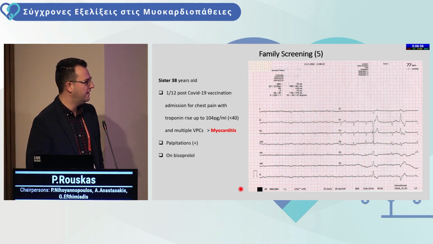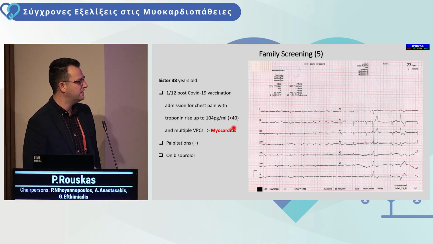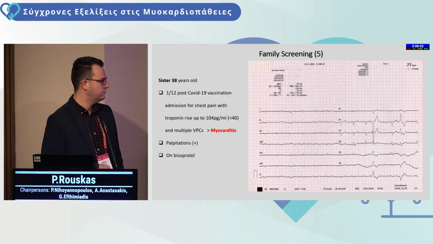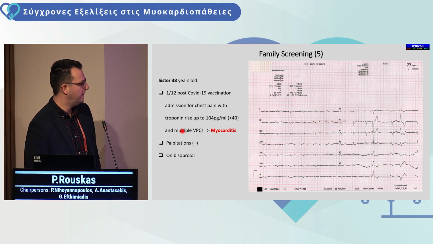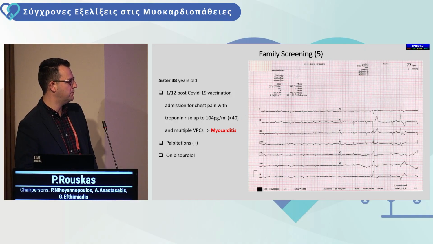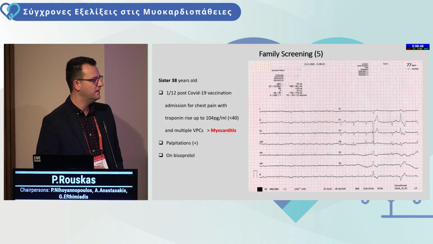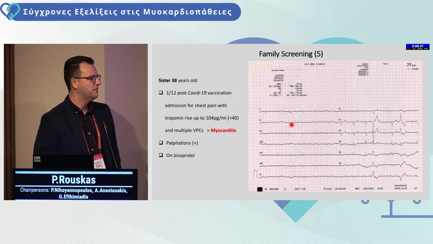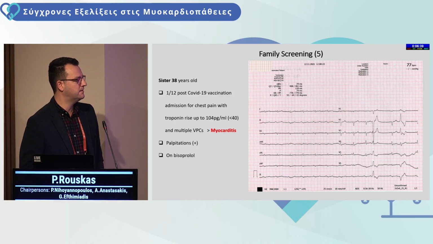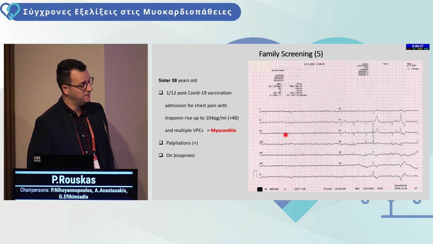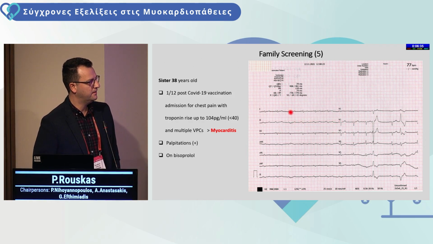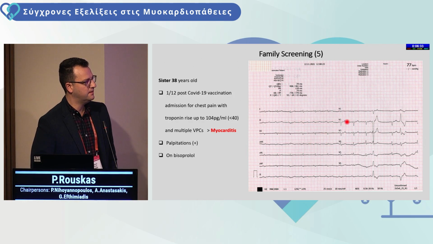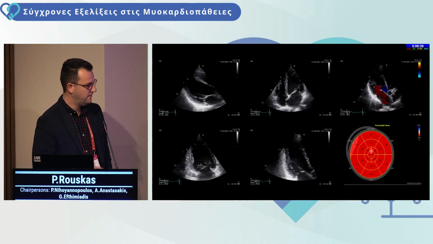So again, a diagnosis of myocarditis was made. The patient would also complain of palpitations, and she was already on Visopol when she came to our outpatient clinic. And you can see here on the ECG clearly the low voltage, especially in the limb leads, as well as the ectopics coming from two different origins, as you can see here.